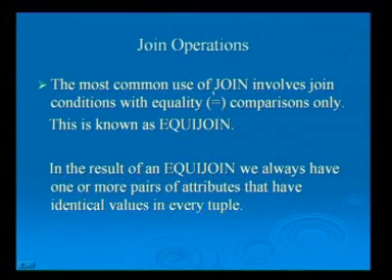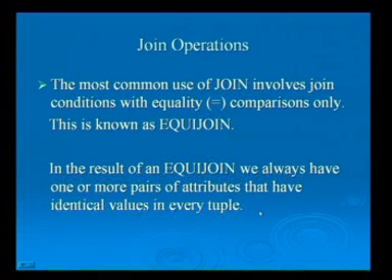When we use this join operation, we most commonly use the equal operator as the comparison, and this is known as equijoin. In this equijoin, we always have one or more pairs of attributes that have identical values in every tuple.